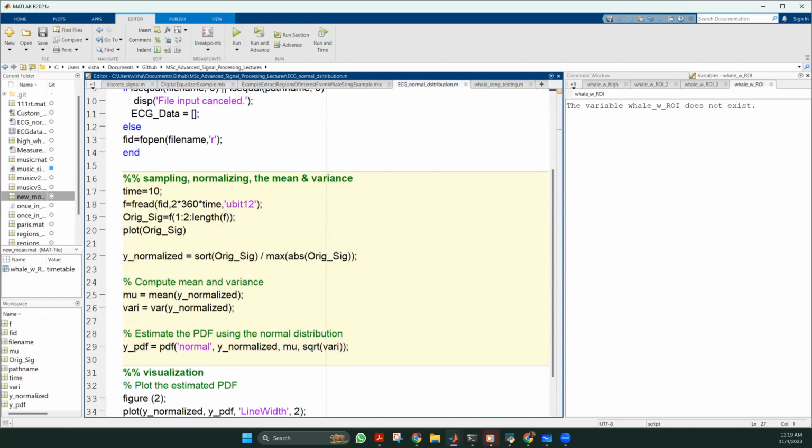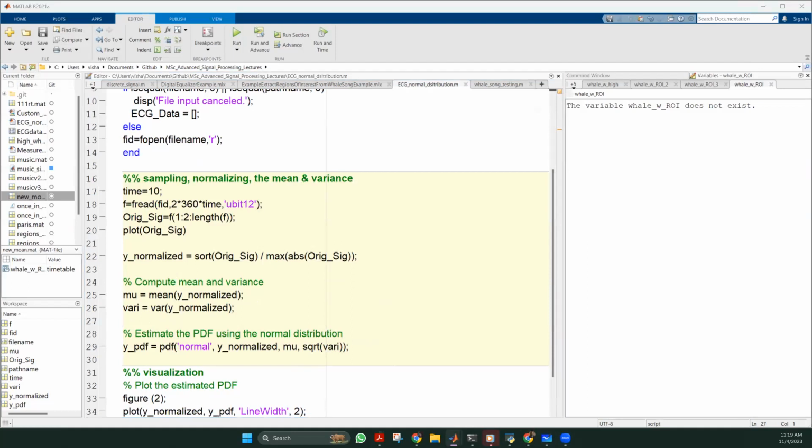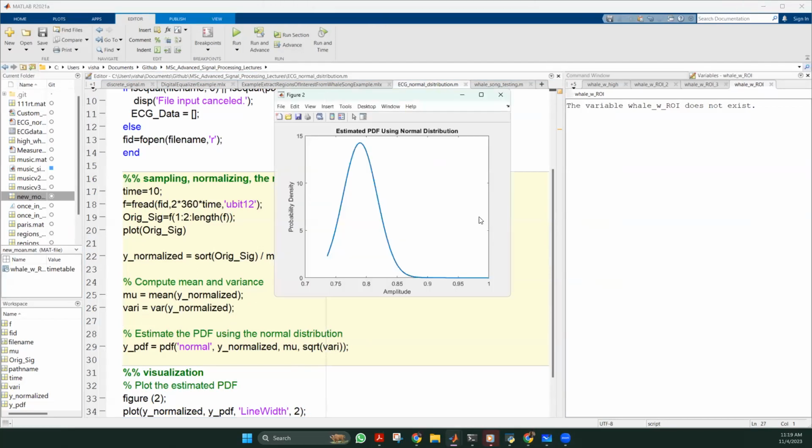Variance and mean are already defined functions in Matlab. And then I can also draw the PDF of the ECG signal amplitudes or values. Once I draw it, it looks like this.